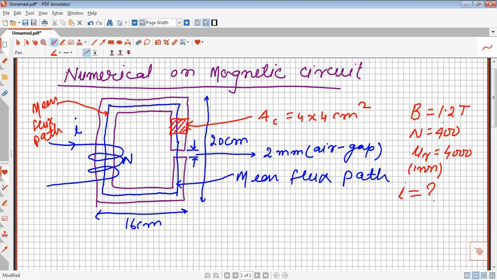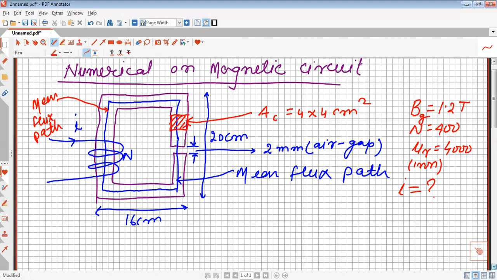The exciting current needed to establish a flux density of 1.2 Tesla in the air gap. How much current is needed so that we can get a BG, magnetic flux density, of 1.2 Tesla in the gap?